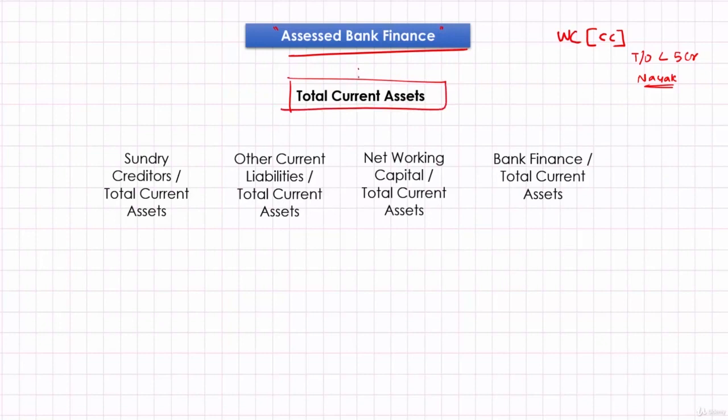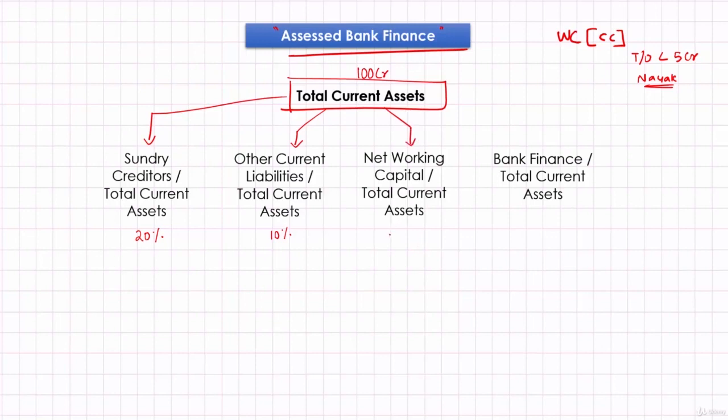To explain this, let me start with total current assets. Let's say total current assets is 100 crore. Of this current assets, sundry creditors are going to contribute say around 20%, and let's say other current liabilities, outstanding expenses and all, are going to contribute 10%, and net working capital is there, that is infusion of long-term funds for supporting working capital.